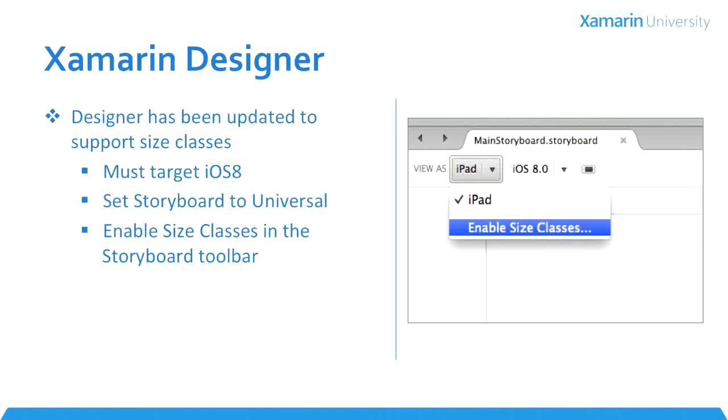If you start with the universal template, you'll delete the extra storyboard. Now, we can work with traits and constraints and our size classes all in code, but it's not that pleasant. There are times you will go to the code behind, but for the most part, you're going to want to use them in the designer. So if you've avoided moving to the designer and the storyboard approach so far, now is really the time to jump on board and get up to speed using the Xamarin designer.